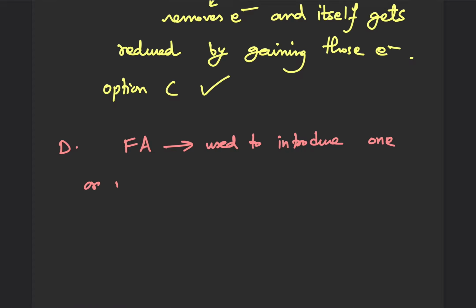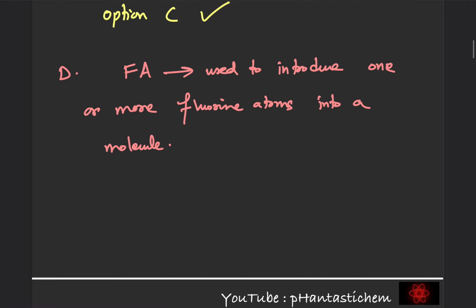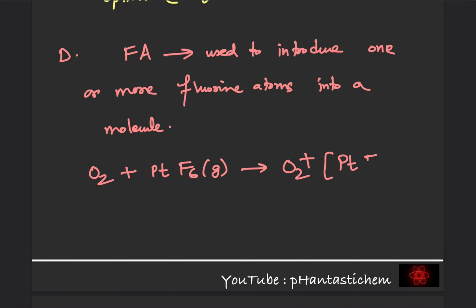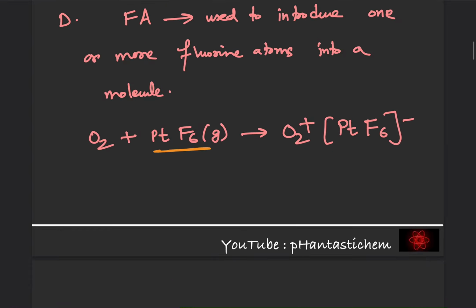Statement D is incorrect because after the reaction, when O2 reacts with PtF6 gaseous, giving O2+ and PtF6-, the fluorine atoms remain bonded to the Pt.